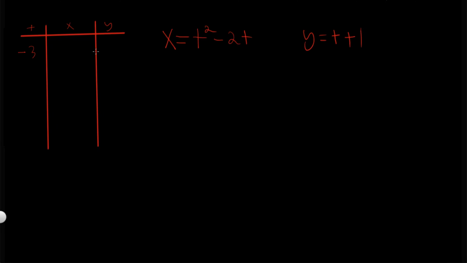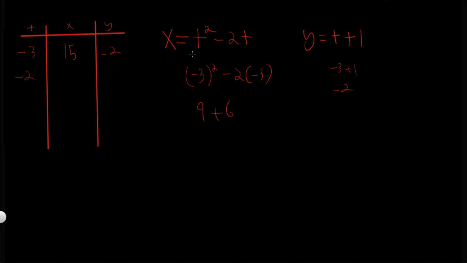If we start with -3, for x we get -3 squared minus 2 times -3. That's 9 plus 6, so we get 15. For y, we get -3 plus 1, which is -2. All right, let's do -2.